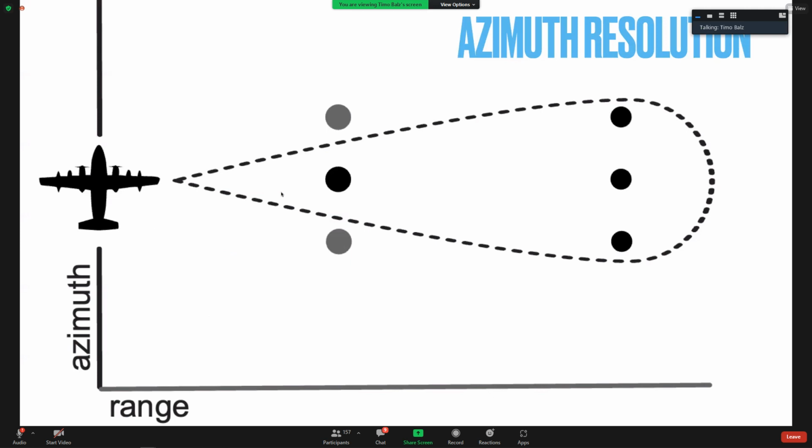We send out many pulses and we receive many pulses back. While each pulse is covering a large area, the resolution of that would be very bad. What we're doing in synthetic antenna is taking all of these pulses together. We form a larger antenna synthetically, and in that way we increase the resolution.